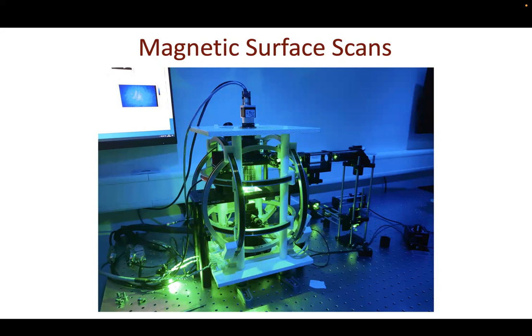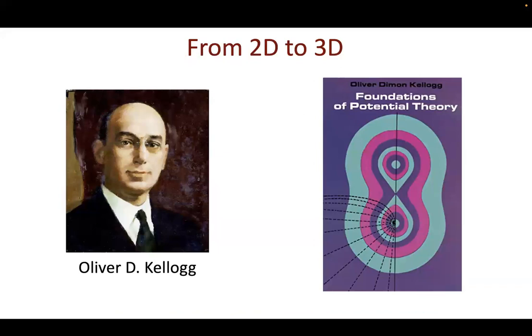Then we have a two-dimensional map of the magnetizations above our sample. And then we end up with this guy, Oliver Kellogg, mathematician, 1929. He wrote this book, Foundations of Potential Theory, and there it is stated that this kind of inversion problem is by nature inherently non-unique.